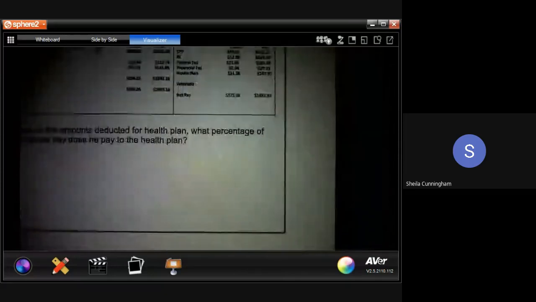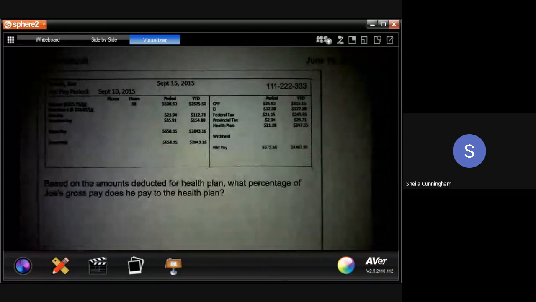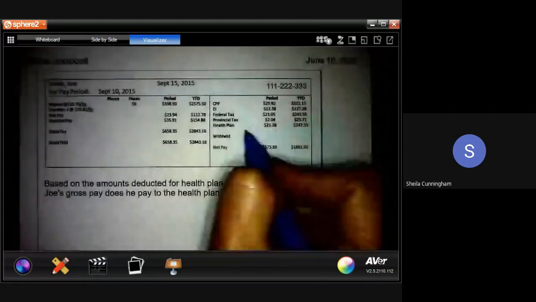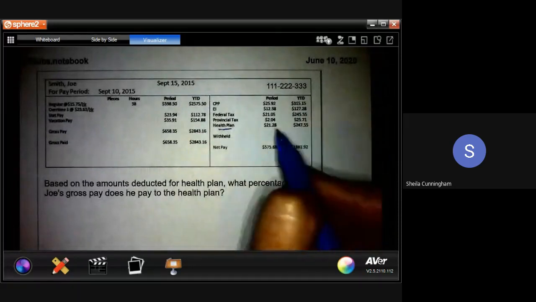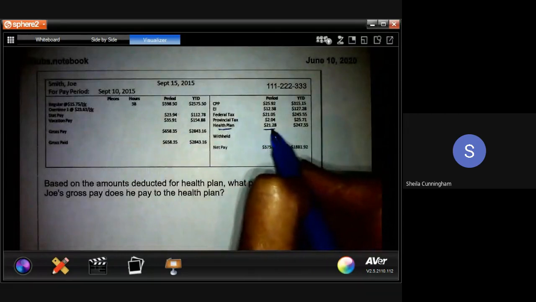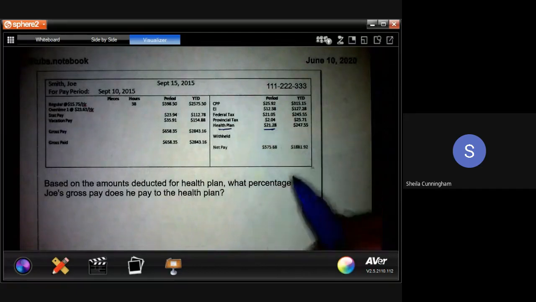So one of the other things that we look at as we go through this is the health plan deduction in this case. This is one of those one-off deductions that not every company has, but some do. And in this case, the deduction was $21.28.